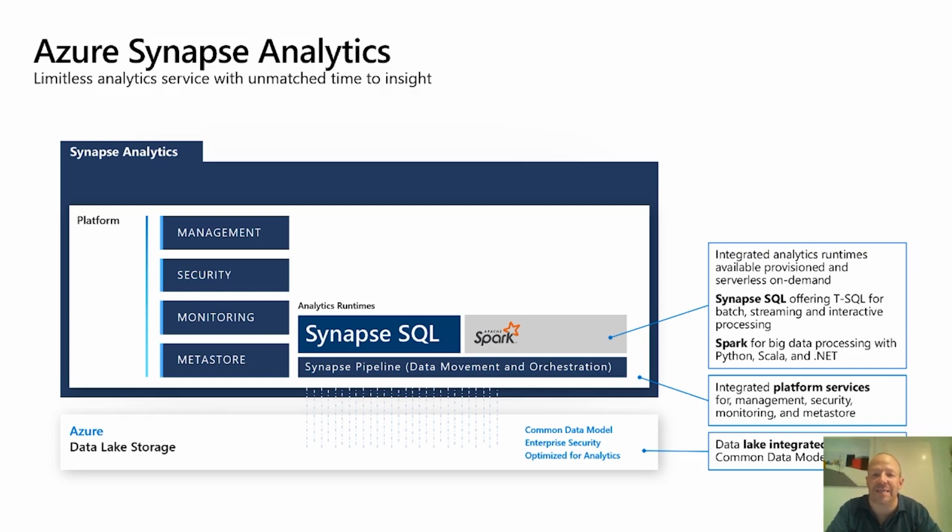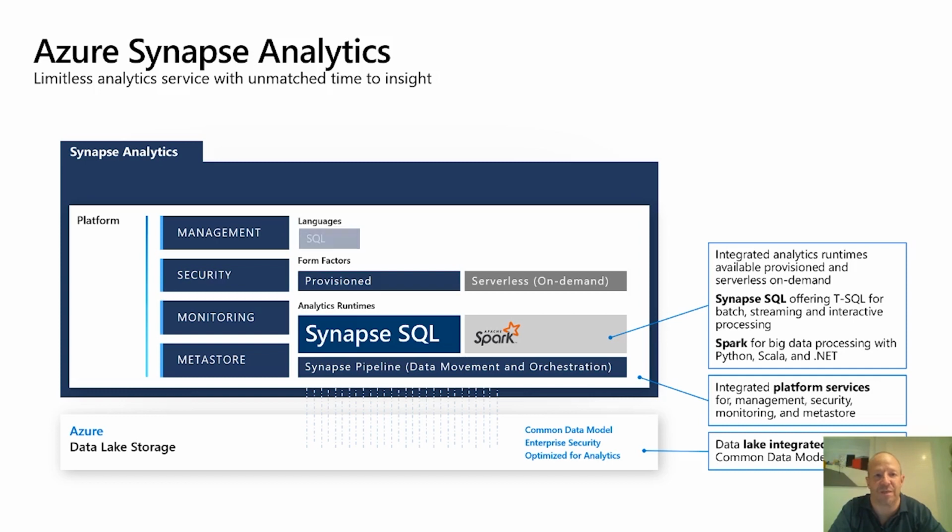And as well as the Spark experience, which gives you the big data processing with Python, Scala, and .NET. The form factors you have specifically for Synapse, you have both a serverless on-demand experience as well as a provisioned experience that gives you the ability to pre-provision resources to manage certain expected workloads, for example.